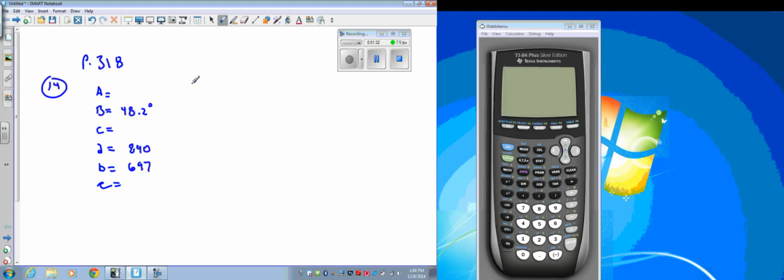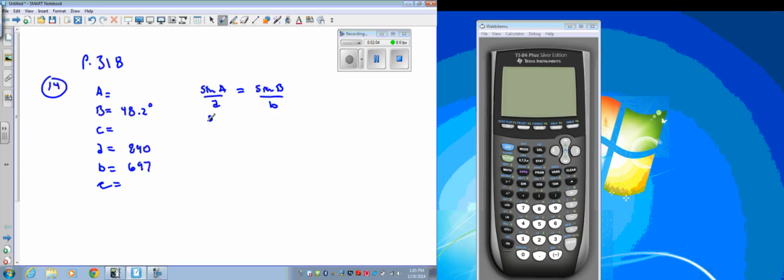So if we want to do angle A, we have to use the relationship sine A over little a equals, and we have the B, so that's a ratio we want to use, sine B over B. This is given to us, this is given to us, so we're going to calculate this A.